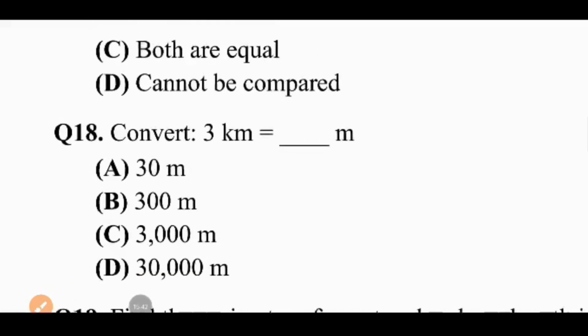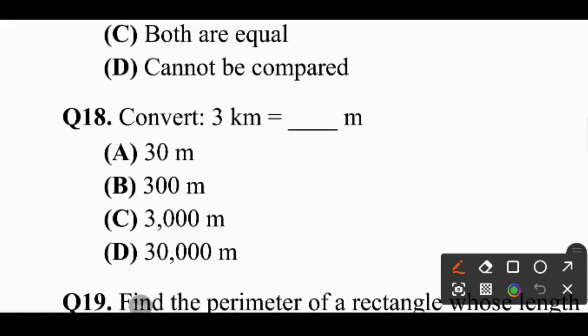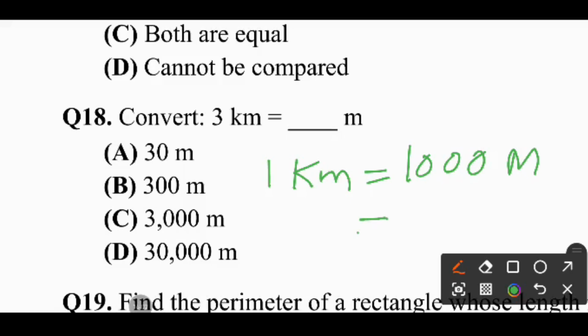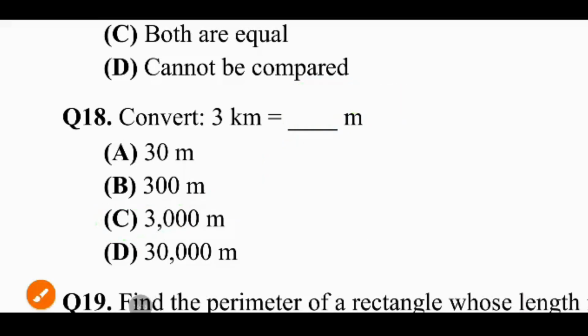In 1 kilometer we have 1,000 meters, isn't it? So we have to find out in 3 kilometers, how much will we have? 3 multiplied by 1,000, and that will be 3,000 meters. It means answer C is the correct answer.